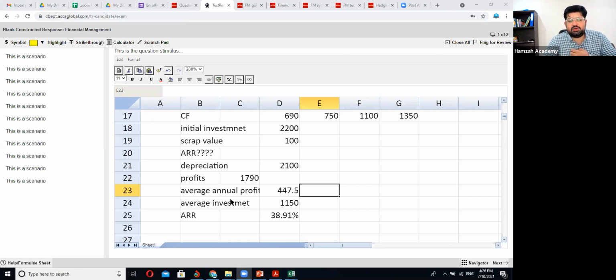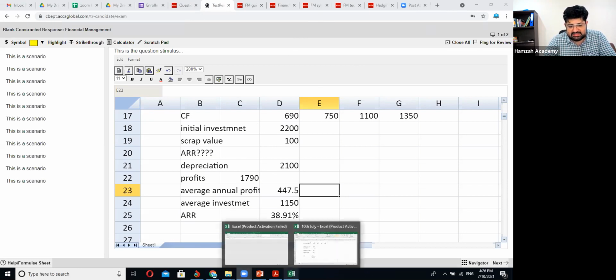So students, accounting rate of return, its drawbacks and advantages we have to discuss for this method.